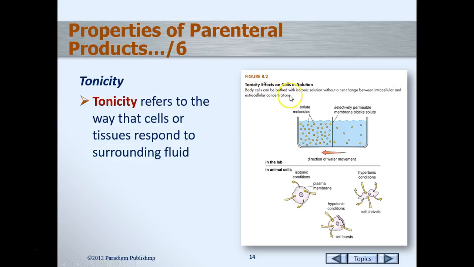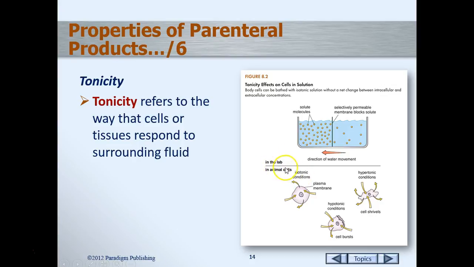If the body cells are in an isotonic solution, without a net change between the intracellular and extracellular concentration, things are going to move according to a concentration gradient, osmosis. So where there's more particles, more fluid's going to go. The direction of the movement of the water is going to be from the area that has less particles to the area with more particles.